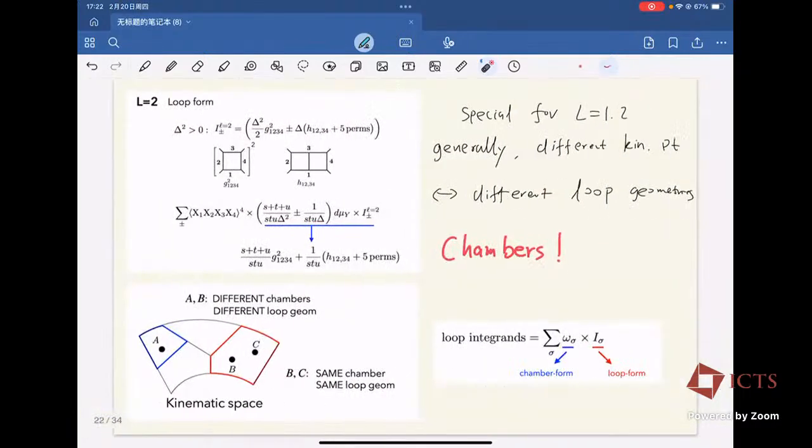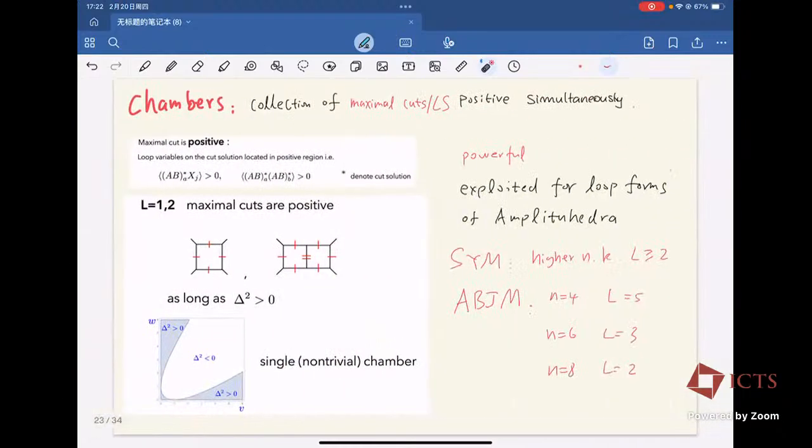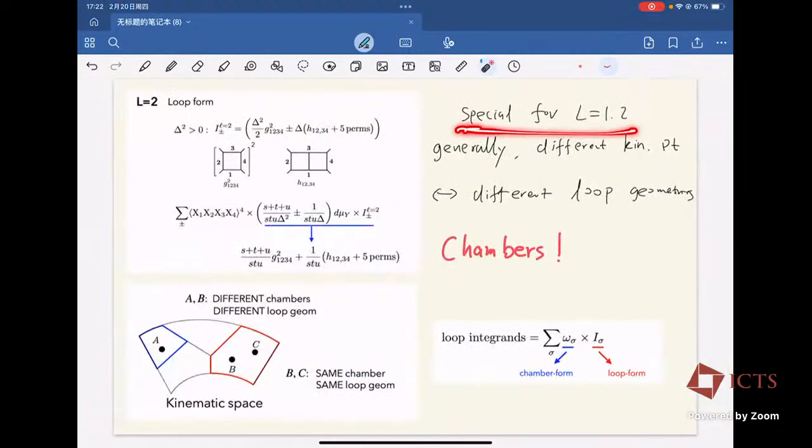At 1 and 2 loops, there's no chamber, so the loop form is uniform across the whole domain. You can directly compute the loop form for 1 and 2 loops, given for 2 loops by the double box and box square, again not from the geometry.